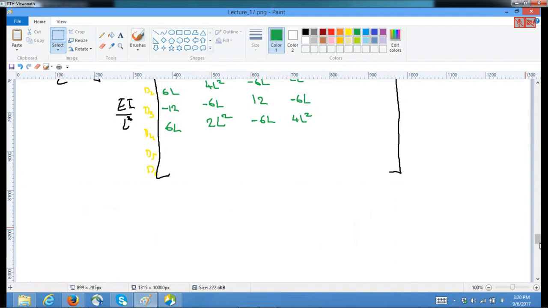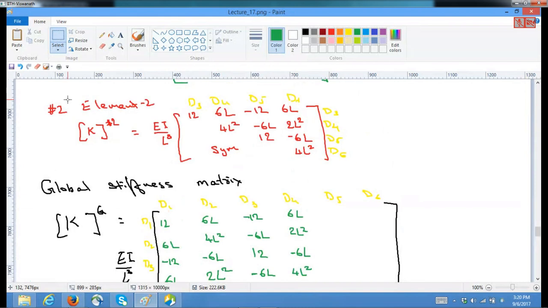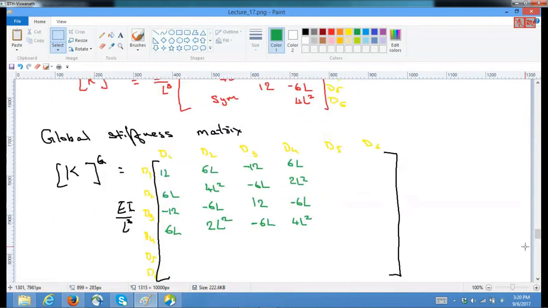Now let us see the contribution coming from the element 2.